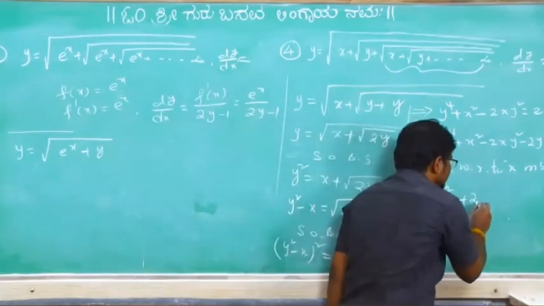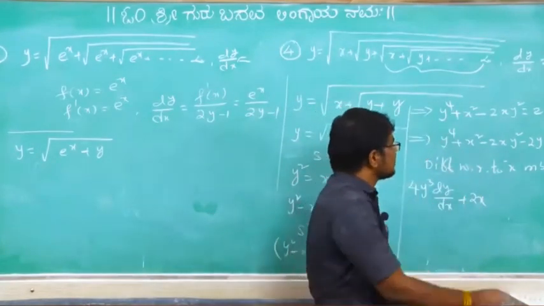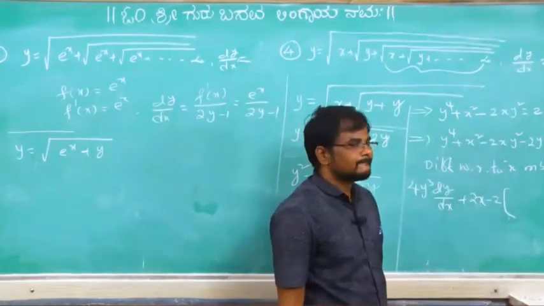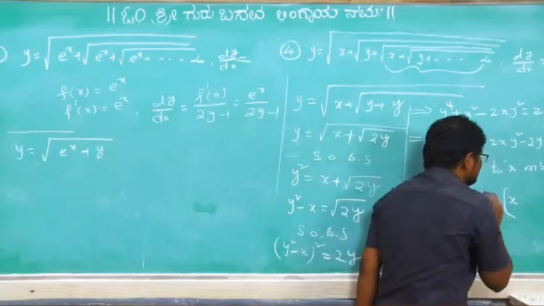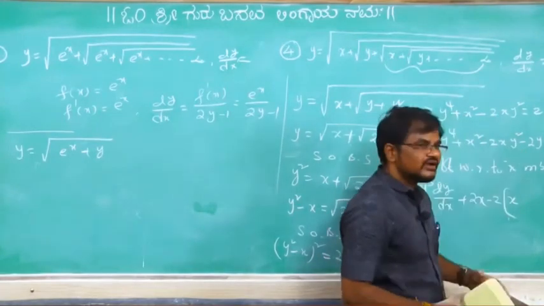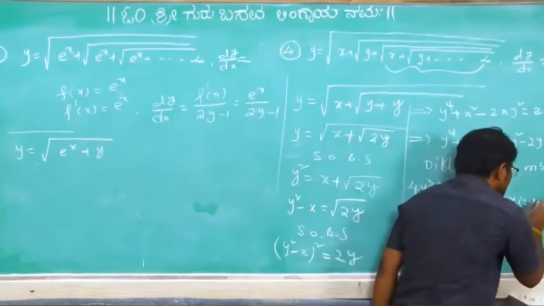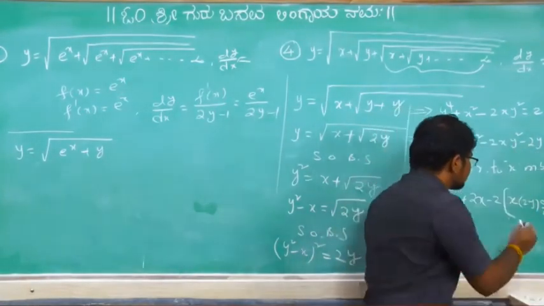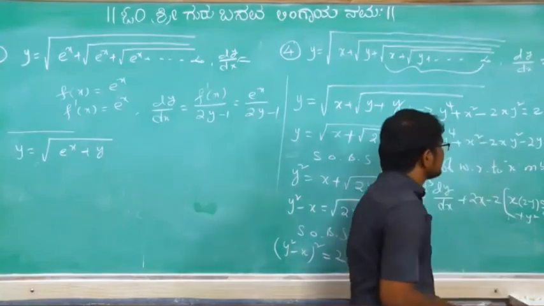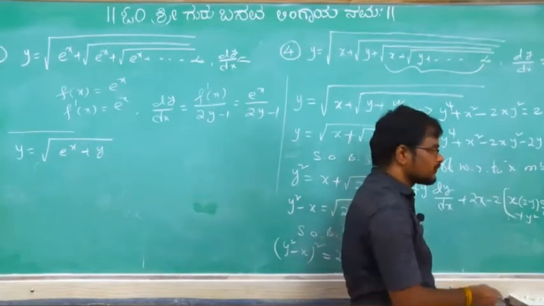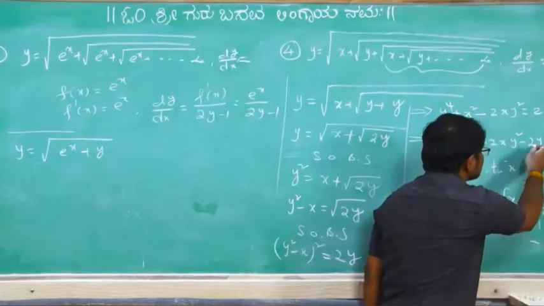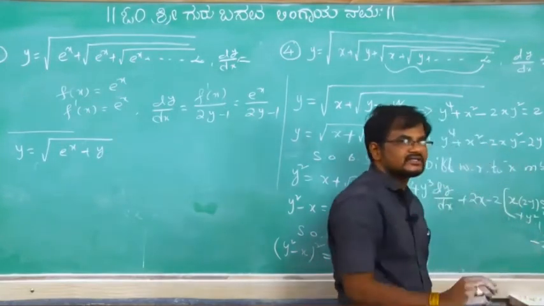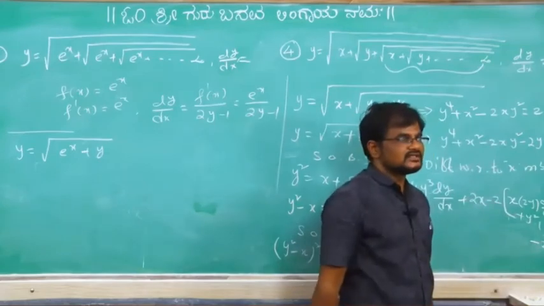Differentiation of x square is 2x. Minus 2 into, here we have to use the UV formula: x into differentiation of y square, 2y dy by dx, plus y square into differentiation of x, 1. Minus differentiation of 2y, minus 2 dy by dx, equals 0.